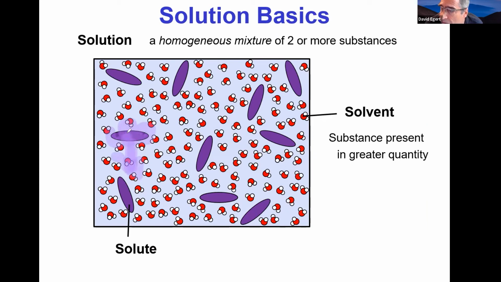The water can grab onto this. It can attract and let go. So if it's a polar solute, it's going to be hydrophilic. It'll be water loving, so to speak. It will dissolve in water because both the water molecules and the solute molecules will be attracted to each other and do this dance. What if I have a non-polar solute?